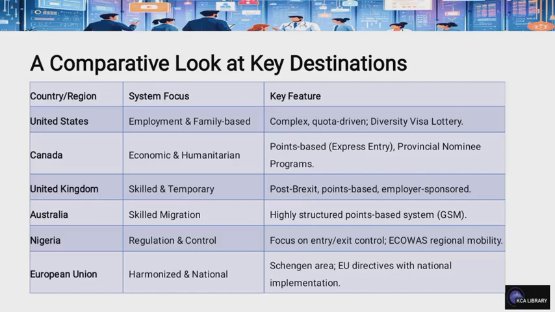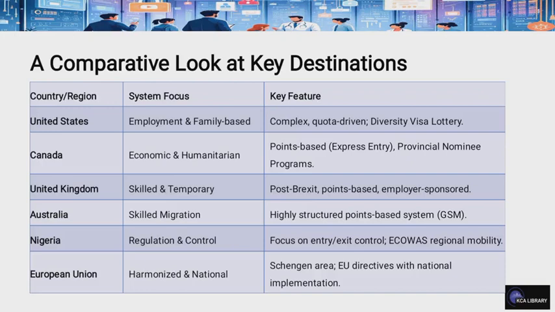Let's compare the laws based on regions or countries. For the United States, the system focuses on employment and family-based immigration, and the key features are that it is complex, quota driven, and known for its diversity visa lottery.